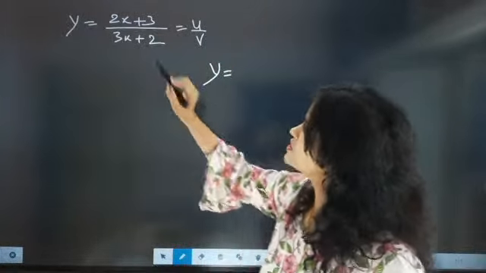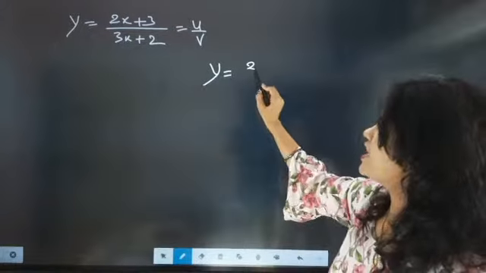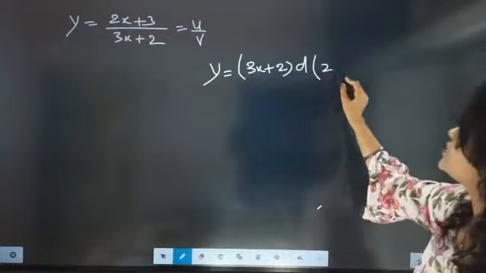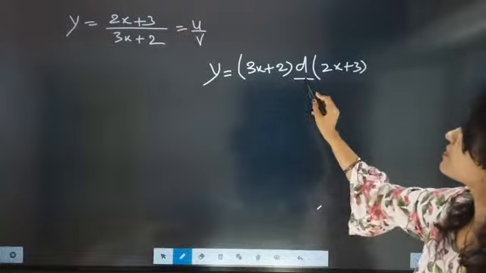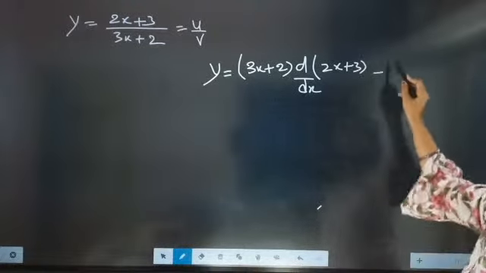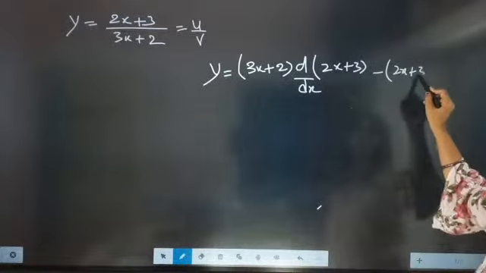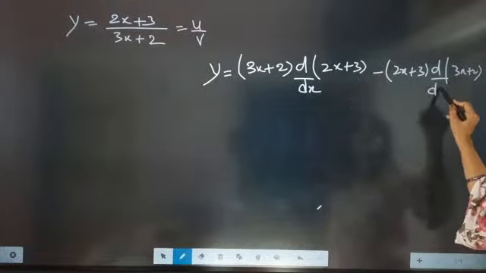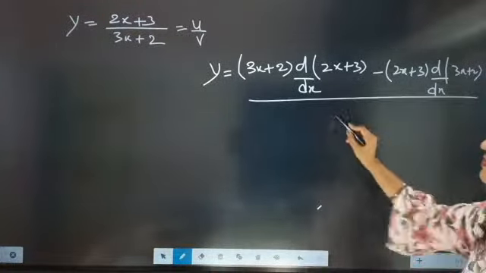First this is u and this is v. So we are going to write v as it is and we are going to differentiate u. Then we are going to leave u and differentiate v, and then v square.